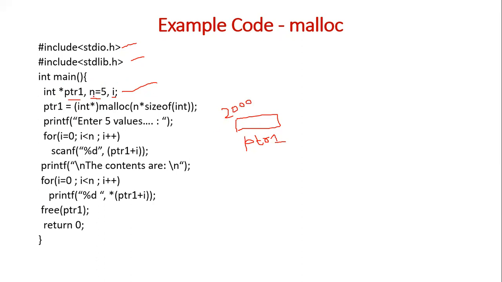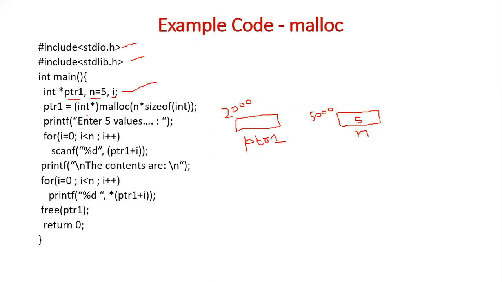And n is a variable, so for n also some memory is allocated. n is an integer variable, so 4 bytes will be allocated. Say its starting address is 5000. Its ending address will be 5003. And it is holding the value 5. Similarly, for i also memory is allocated.